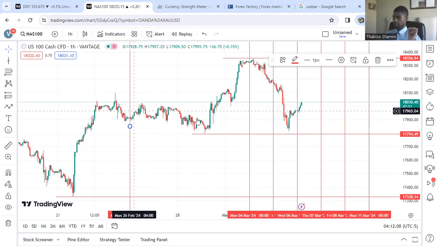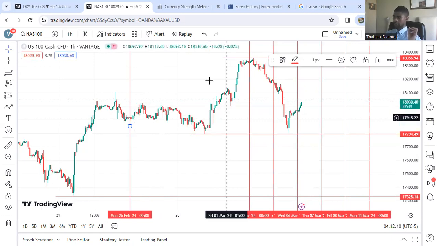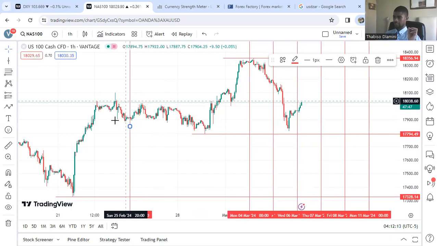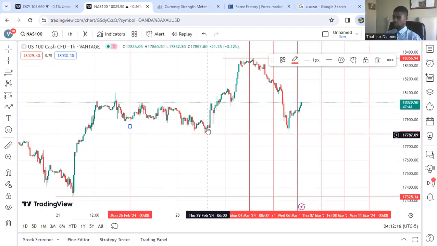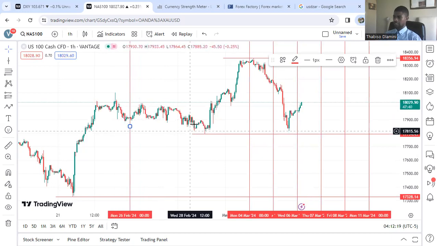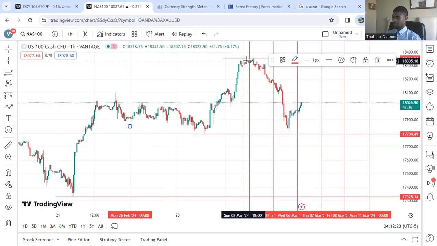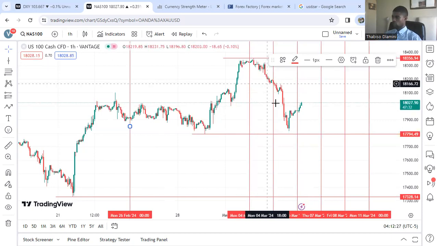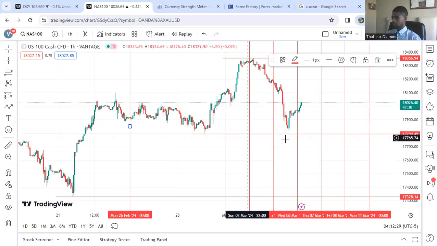From here up until there, this is last week's action. You can see that we started with a nice consolidation here, or rather an accumulation of orders. And then as soon as that happened, what happened? We rallied up. And then on the Monday, Tuesday, Wednesday, we went all the way down. So this low was last week's low.